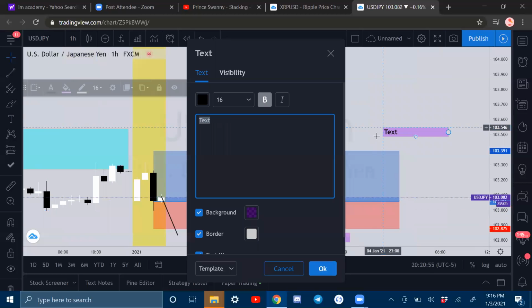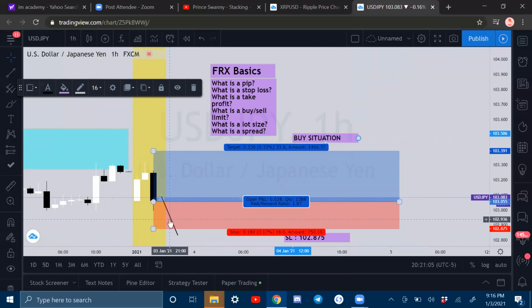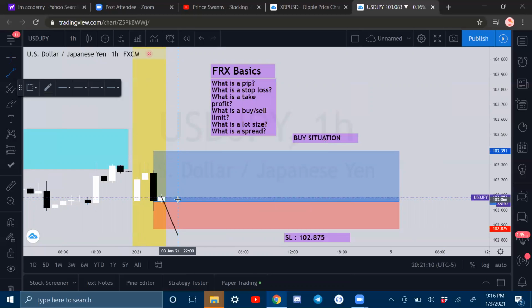First, let's indicate what this is. This is a buy. This is a buy situation. All right. So we're looking for price to go up to our take profit level.